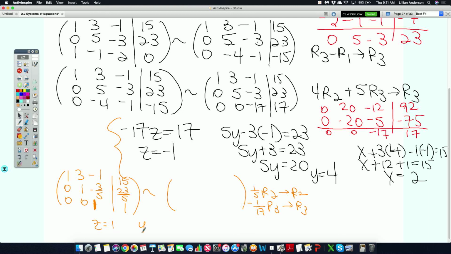When you plug in, then you'll have y equals, I think you meant -1. Yeah, because I've got that, sorry. Then you'll have y plus 3/5 equals 23/5. Then you would subtract, and you still get 20 over 5, which is 4, and so on and so forth.